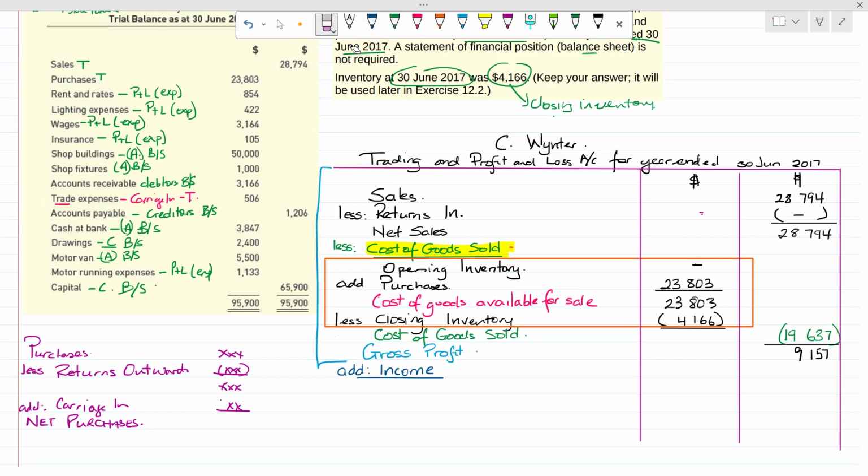We could call this other income or other sources of revenue, right? We don't have anything here, so I don't need to write anything. Then I'll come and I'll write here now less expenses.